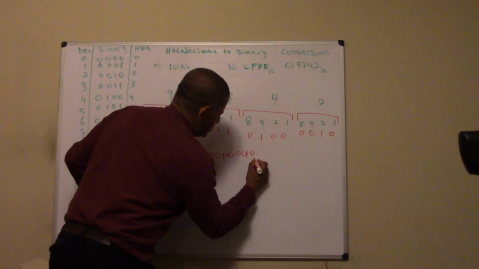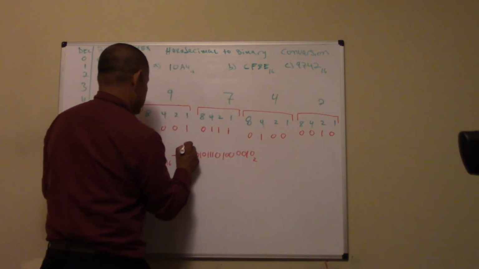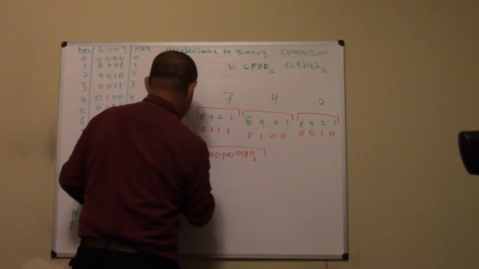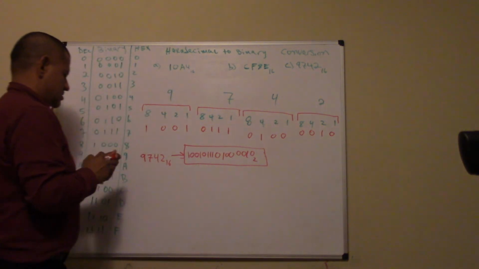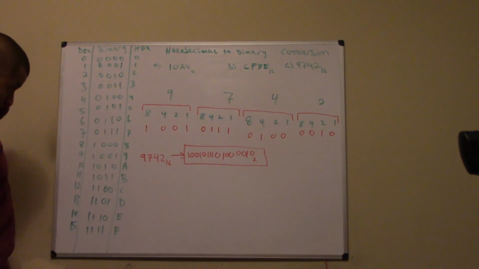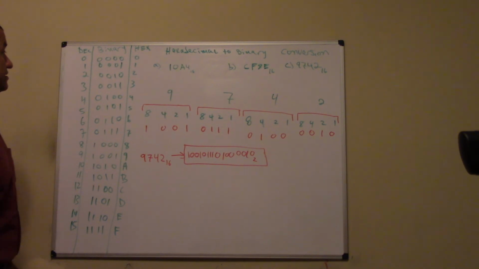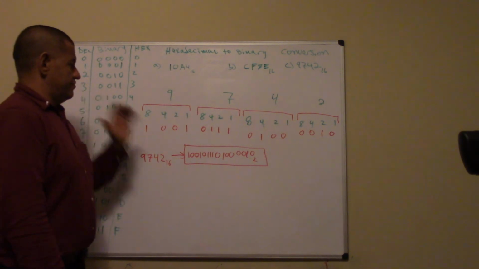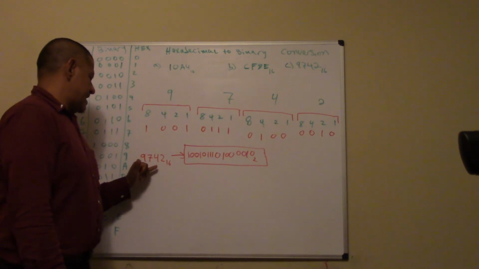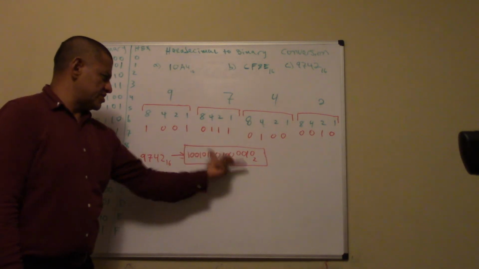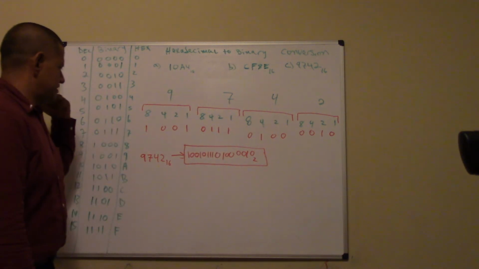And that is base 2. So that is the representation of that number in hexadecimal, and that is the representation in binary.